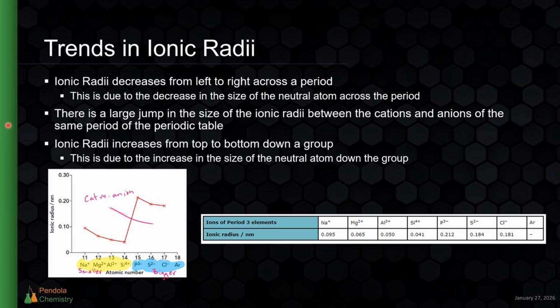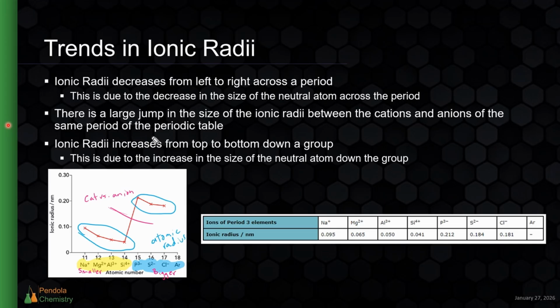However, the trends within the cations and the anions, this trend right here and this trend right here, happen because of atomic radius and the trend in atomic radius. So we have to keep that in mind. We wouldn't see this jump with atomic radius comparisons, but we do see it with ionic radius.